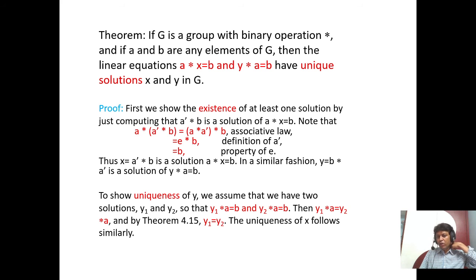First of all, we show the existence of at least one solution by just computing that A prime star B is a solution of A star x equal to B. So you just replace x by A prime star B and apply the associative law, and using the result that A star A prime is E, E star B is B, using the property of the identity E. So it follows that x equal to A prime star B is a solution of this equation.